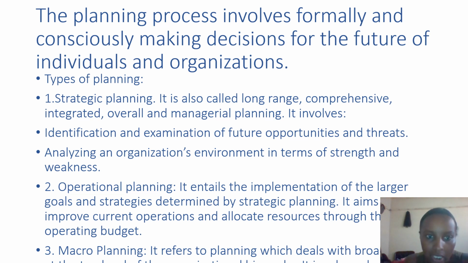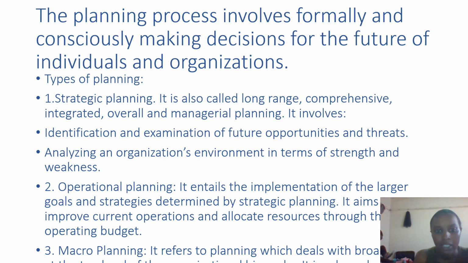One, strategic planning, which is also called long range, comprehensive, integrated, overall, and managerial planning. It involves identification and examination of future opportunities and threats. It also involves analyzing an organization's environment in terms of strength and weakness.